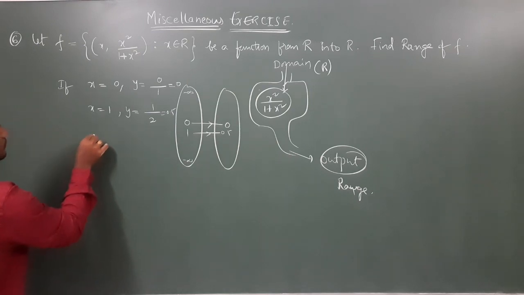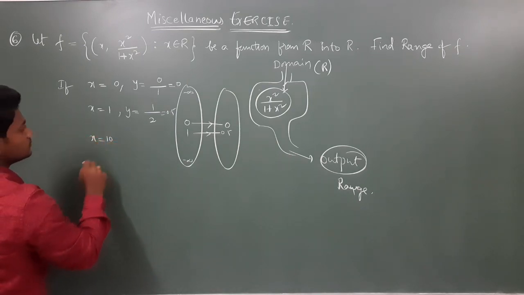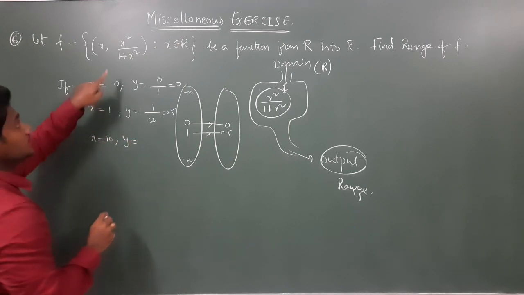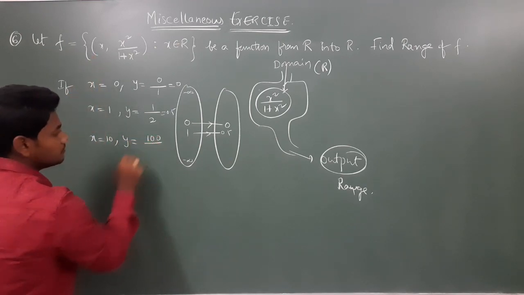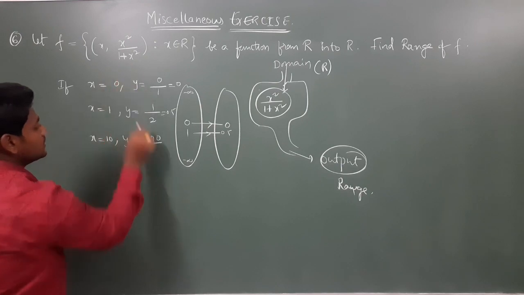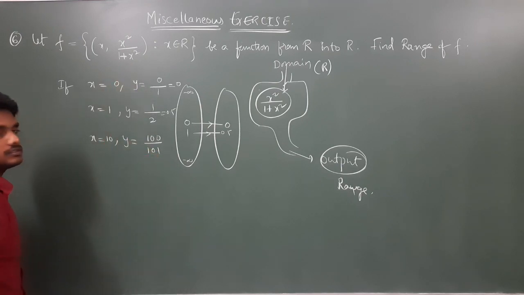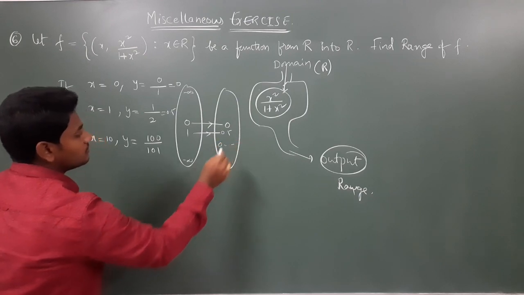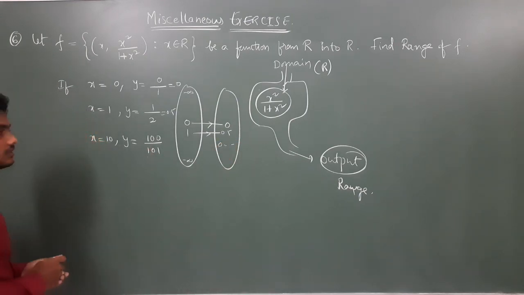Next, if you take x equal to 10, y equals 10² which is 100, over 1 plus 100, nothing but 101. So 100/101 is 0 point something, which won't exceed 1, right?